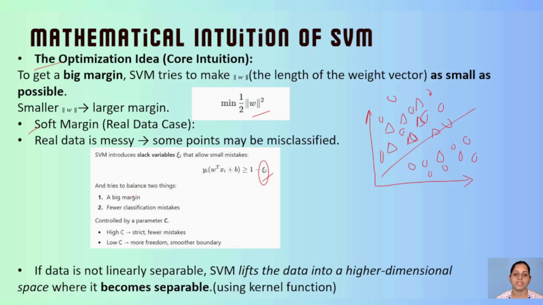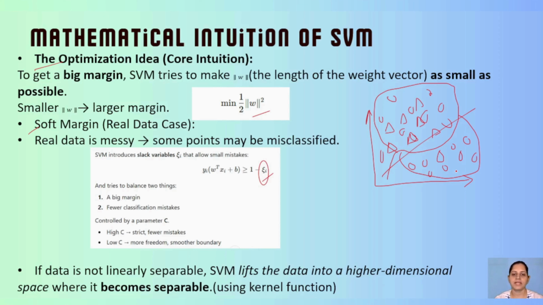If your C value is low, that means more freedom and a smoother boundary. That means it's going to create a boundary like this. You can see, right? It's going to create a boundary like this.